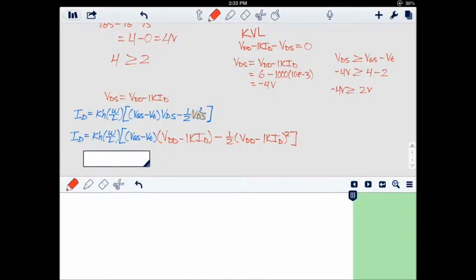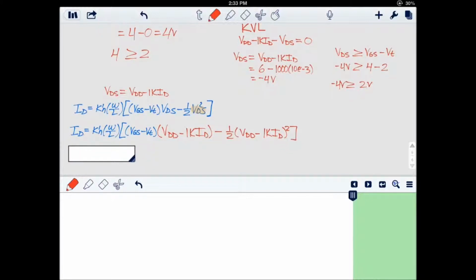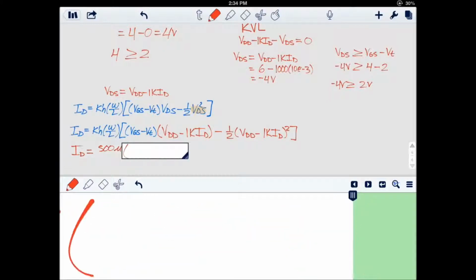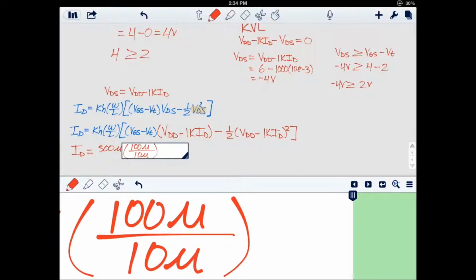This is our equation. We can start substituting: ID equals 500 micro, 100 micro, 10 micro.